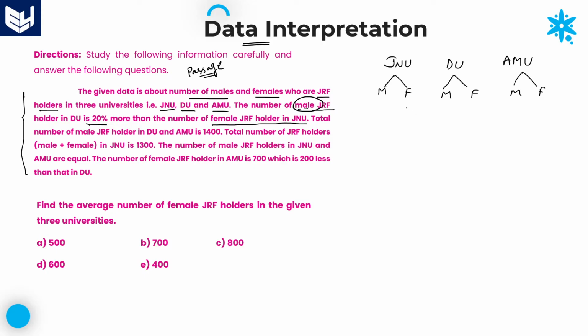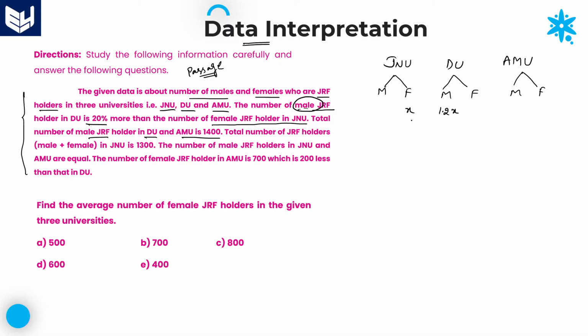Let us consider female in JNU as x. Then male in DU is 20 percent more, which means 120 percent, which is nothing but 1.2x.